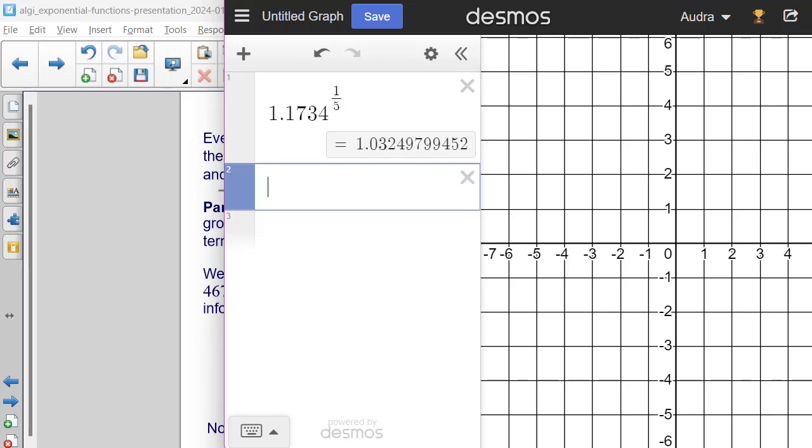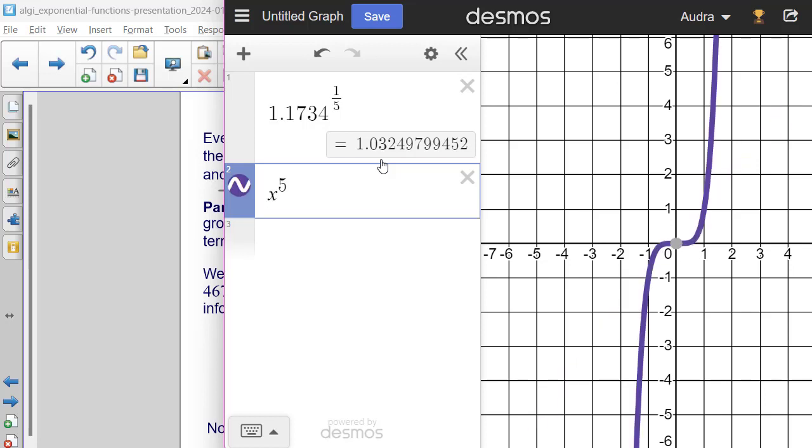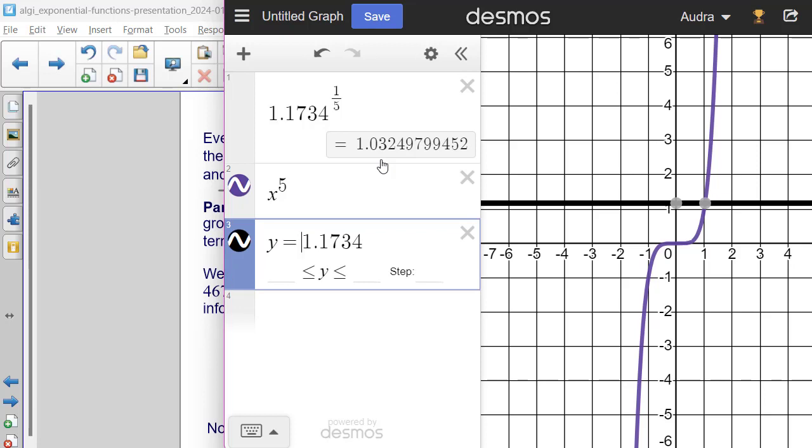We had first b to the fifth. I'm going to write it as x to the fifth in the graphing calculator, and then it was equal to 1.1734. And I'm going to set it equal to y so that I get a horizontal line.